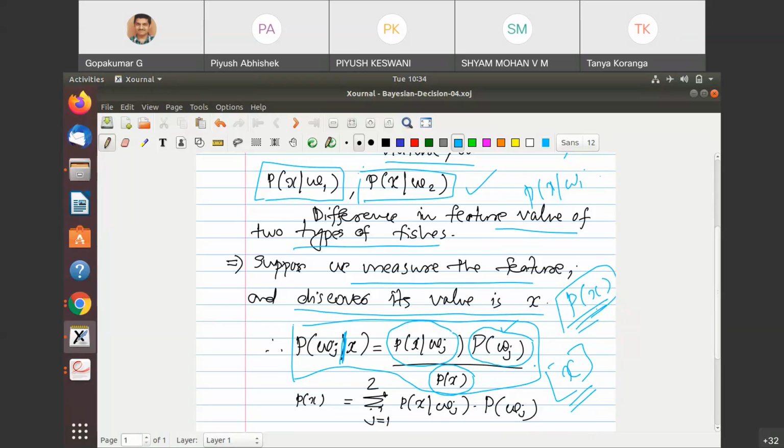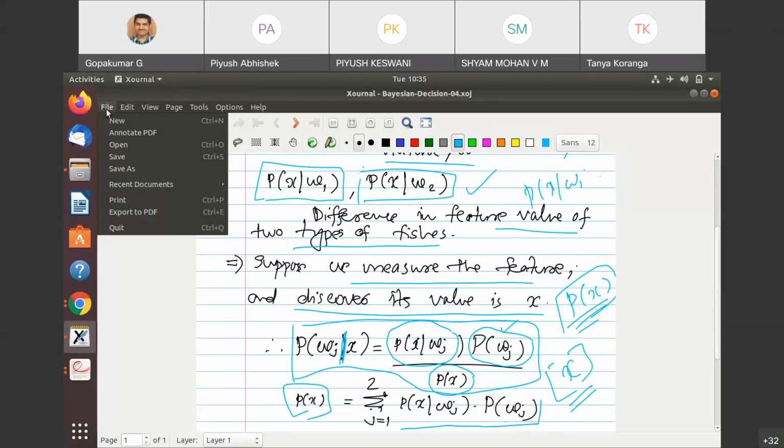While we discussed Bayesian probability, we have seen that you can obtain the probability of x by summing over all the classes. That is the idea behind the Bayesian rule. Now we will discuss this in detail.